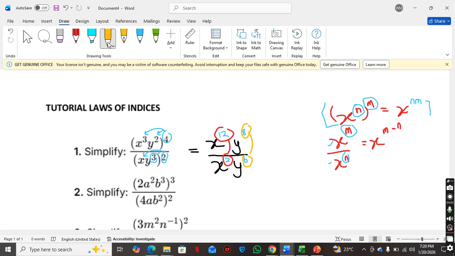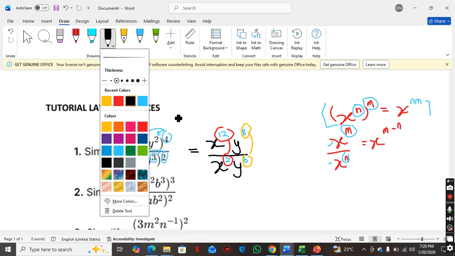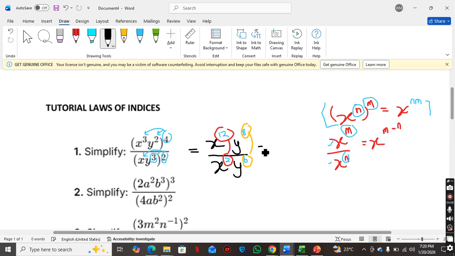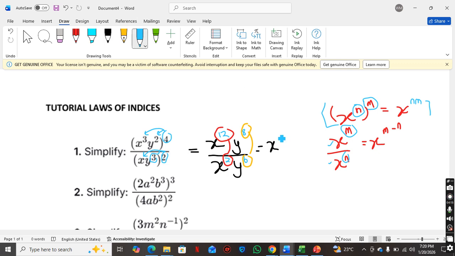So our final answer is going to be x to the power, 12 minus 2, that is 10. So x to the power 10, and for our value of y, 8 minus 6, that is 2. y to the power 2. So this is our final answer here.